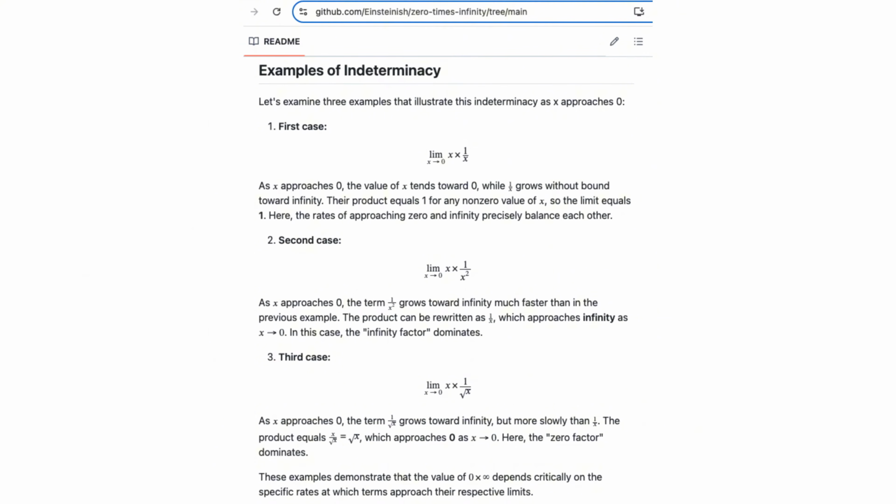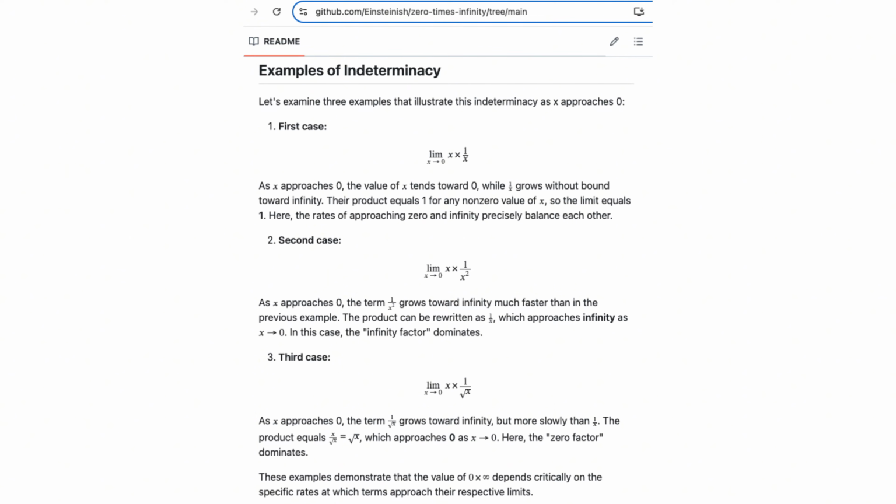of this enigmatic expression. In calculus, the expression 0 times infinity is classified as an indeterminate form. When evaluating limits, if one factor approaches 0 while another approaches infinity, we cannot simply substitute these values and multiply.